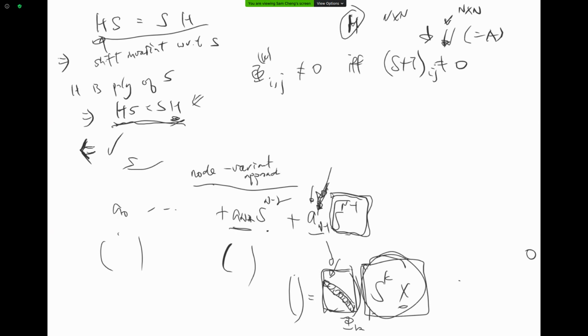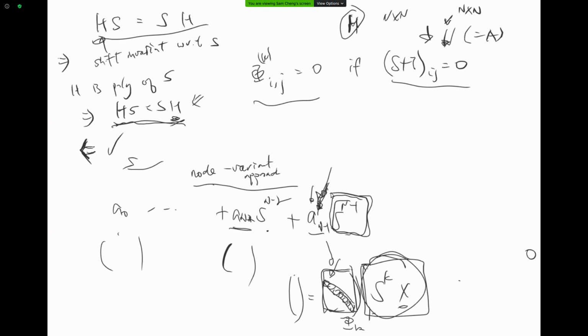Actually, I don't need if and only if. It's allowed that even where S is non-zero, this can be non-zero or it can be zero as well. So maybe I should say the opposite: if this is zero, then this will be zero.